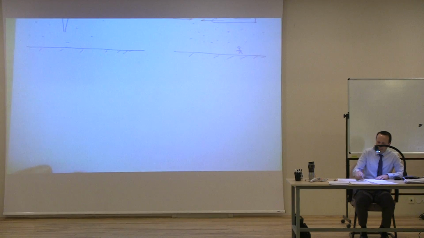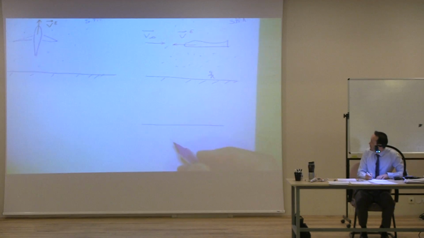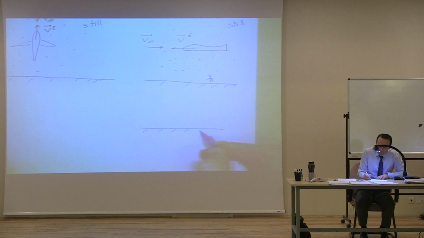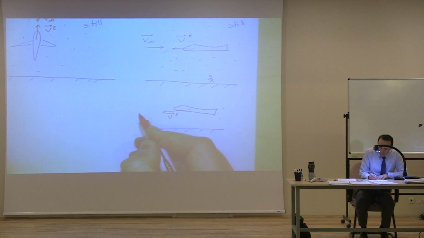Good. So let's take another example. I'm trying to make a point. Let's say this is my airplane, and let's say this is V, and this is V infinity because the atmosphere is still again.